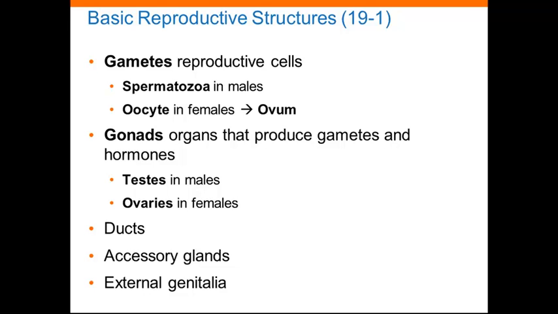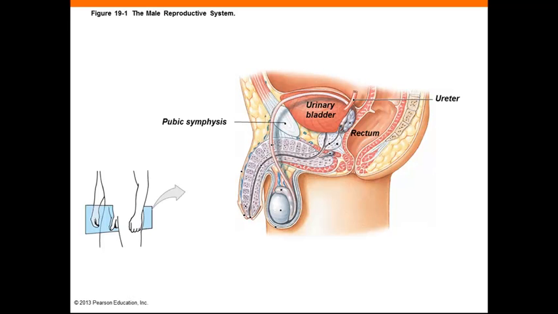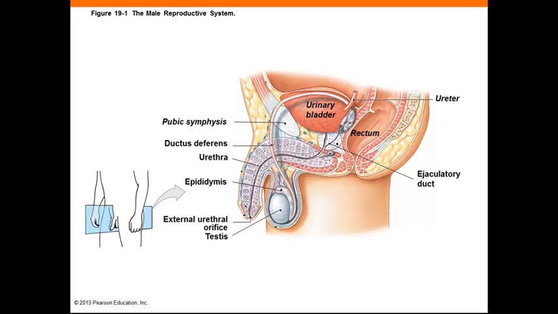The next two sections are devoted to articulating the differences between the male and female reproductive system, and we start with the male. So proceeding from each testis, the spermatozoa travel within structures composing the male reproductive tract: the epididymis, the ductus or vas deferens, the ejaculatory duct, and the urethra before the sperm leaves the body via the external urethral orifice.